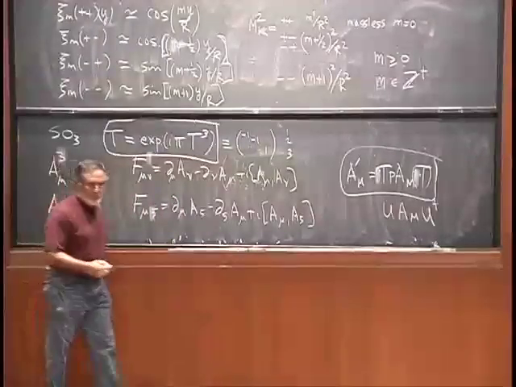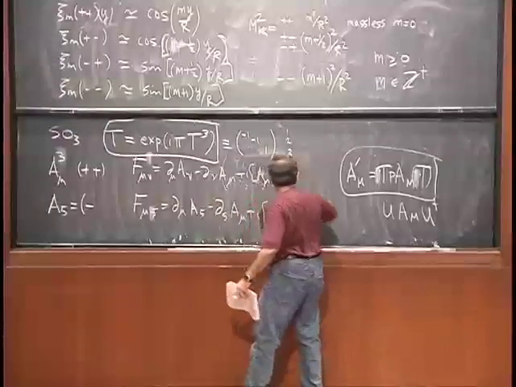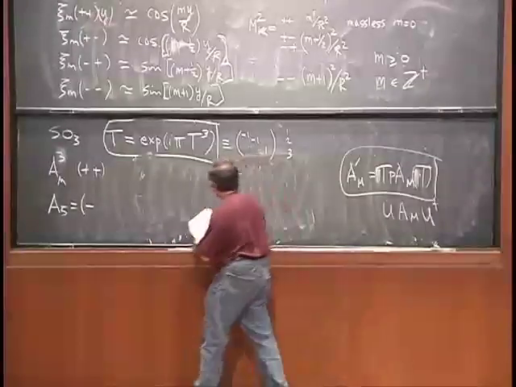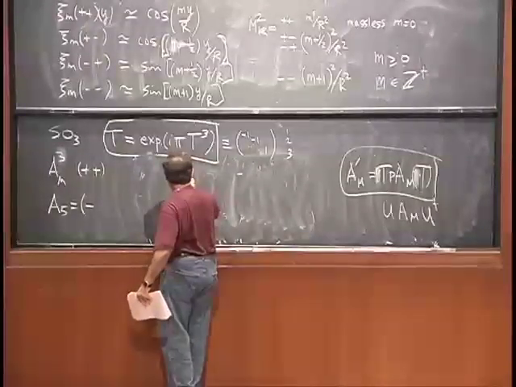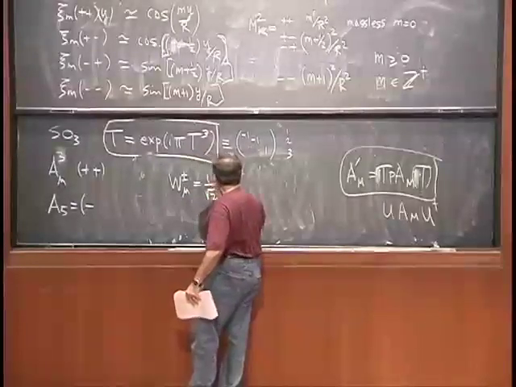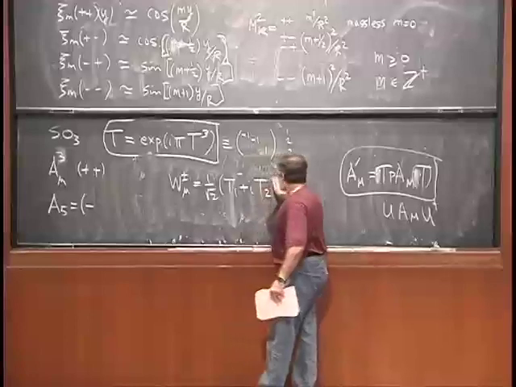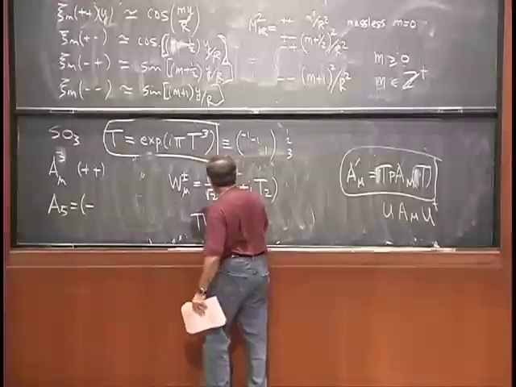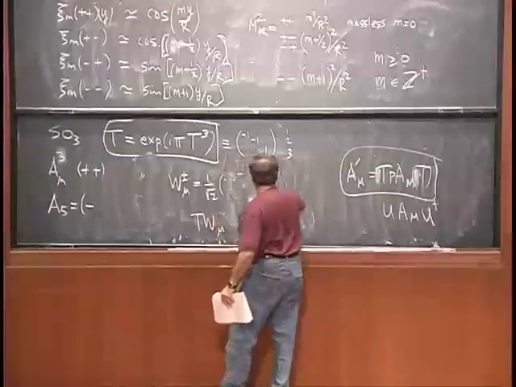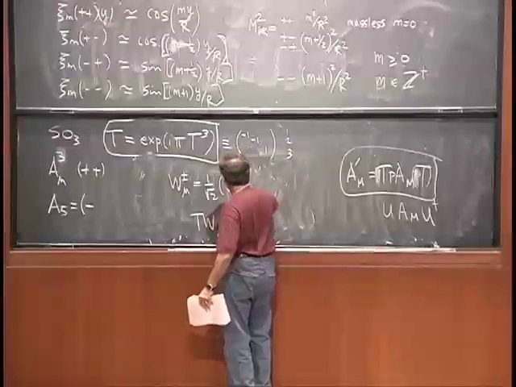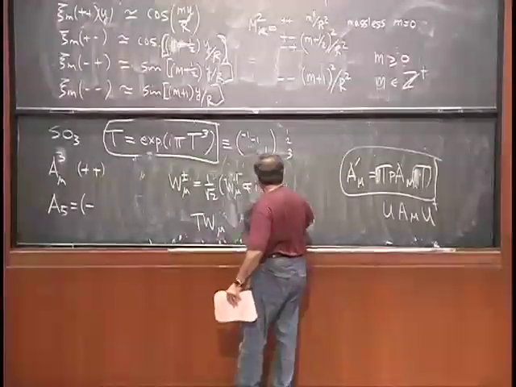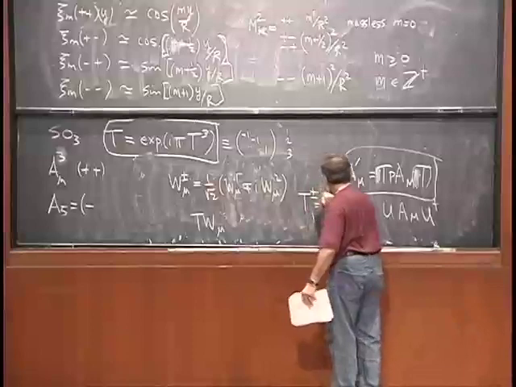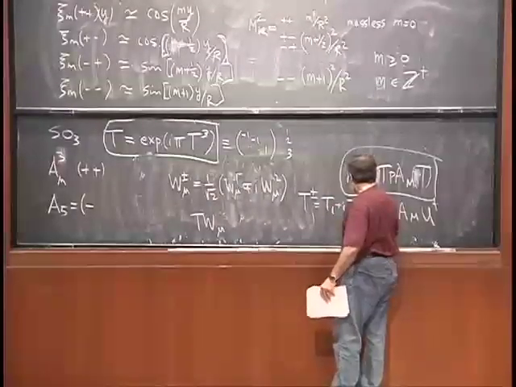For A1 and 2, if I define the following quantities, if I define W mu plus or minus is equal to 1 over root 2 times W mu 1 minus or plus i W mu 2, and that multiplies T plus or minus equals T1 plus or minus i T2.